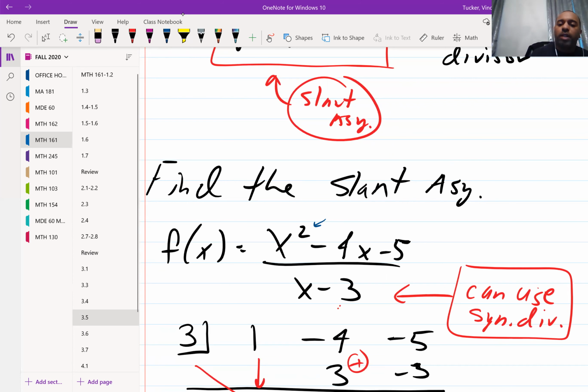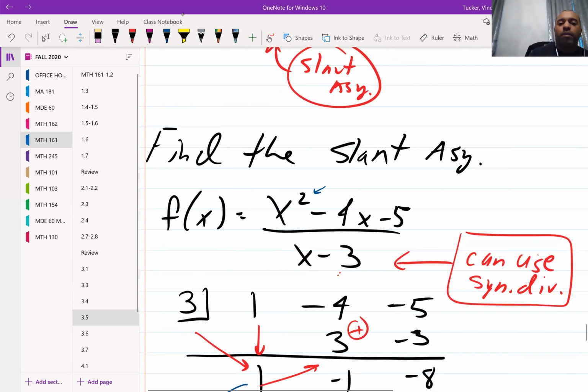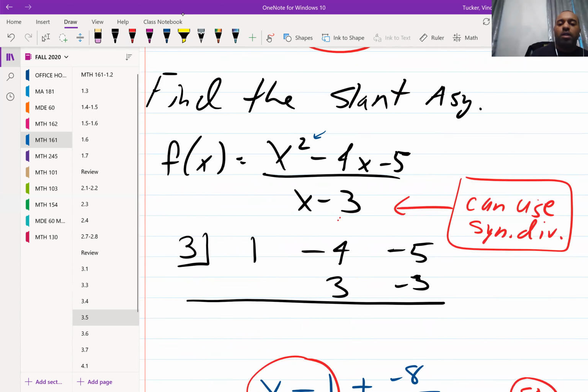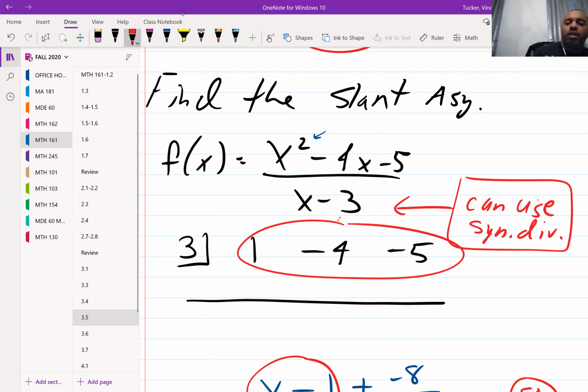All right, so x minus 3, I went ahead and used synthetic division. Remember the way we would do that? If you want to walk through the process, you have your coefficients of 1, -4, and -5, which are right here. Use the opposite sign of this.